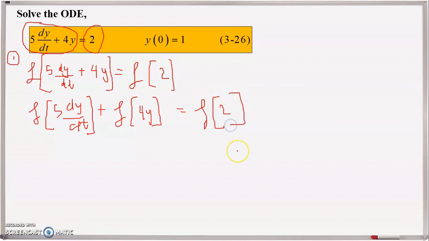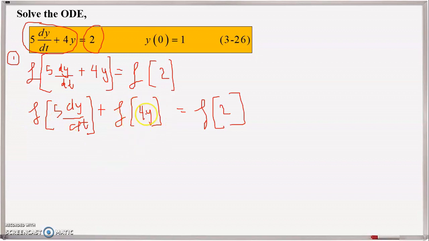After you break the function, you can take out all the constant values. For example, we have this 5 dy over dt. You can take out the constant.